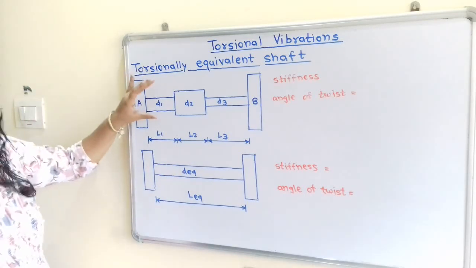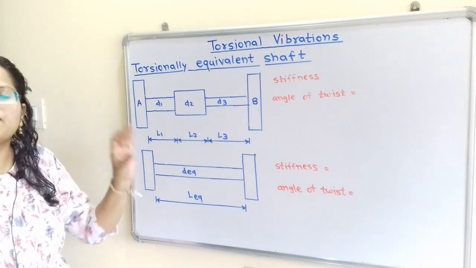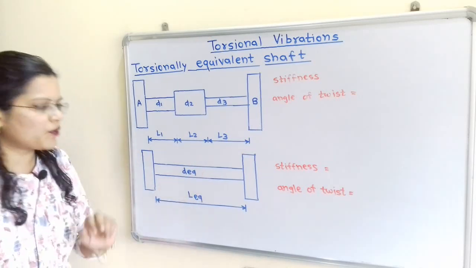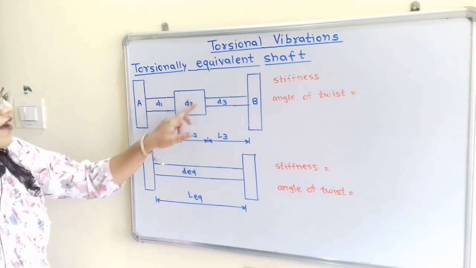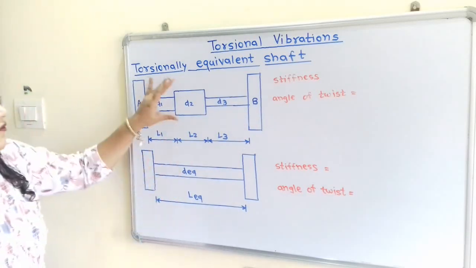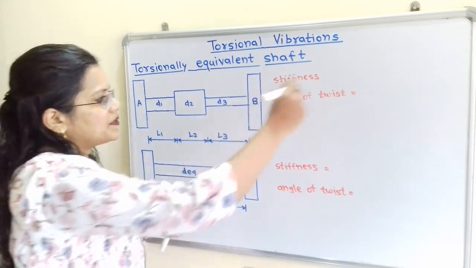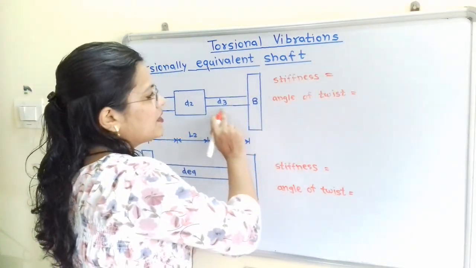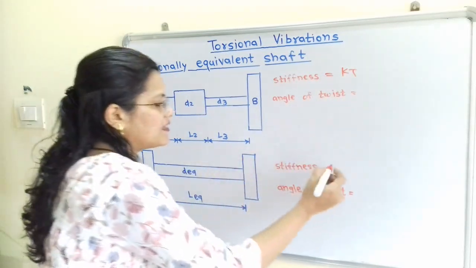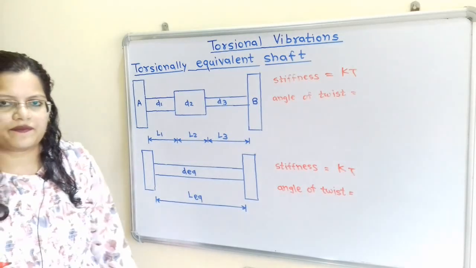When we replace such a shaft with different diameters and different lengths with an equivalent shaft of uniform diameter and appropriate length, then the shaft stiffness Kt should be same. So for these two systems, this stiffness Kt should be same. So for this shaft, stiffness is Kt, and for this equivalent shaft also the stiffness is same, that is Kt.